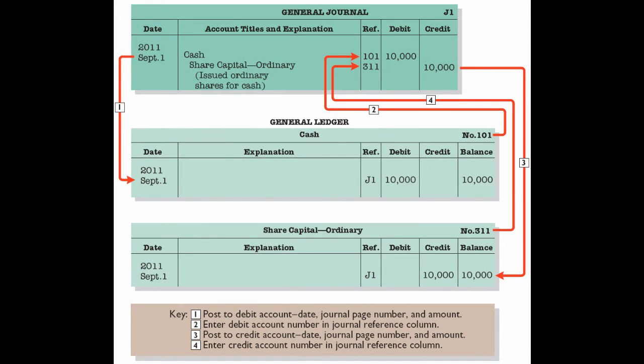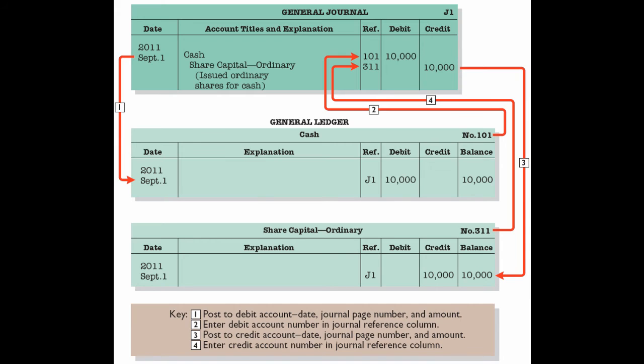In the ledger, enter in the appropriate columns of the account debited the date, journal page, and the debit amount that is shown in the journal. In the reference column of the journal, write the account number to which the debit amount was posted.